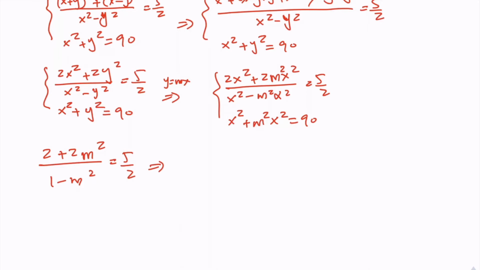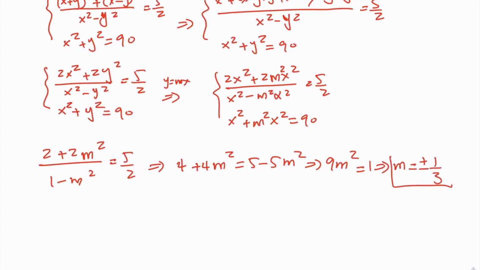So we have 4 plus 4m squared is 5 minus 5m squared. Therefore 9m squared is 1. And therefore m is plus or minus 1/3.